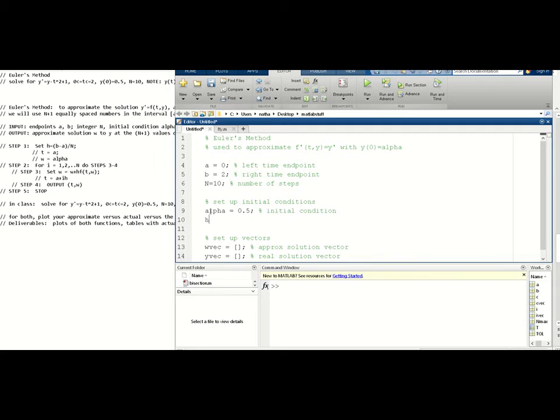Let's set h equal to b minus a divided by n. And you'll notice I actually have all of that, right? So this is the width of each rectangle. If you remember your Cal 1, right?